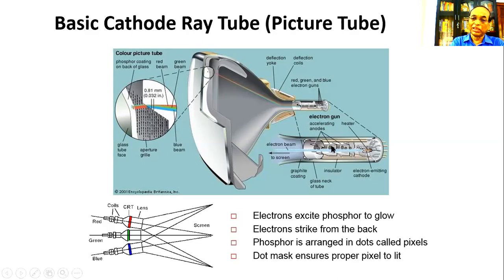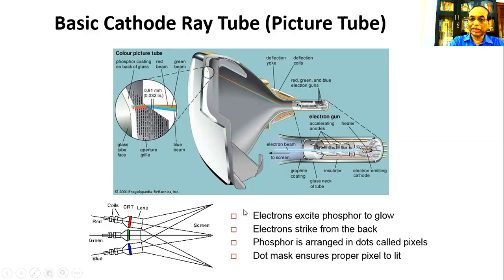So there is electrical focusing also. And on the left hand side is a part of the screen where the phosphor dots are embedded. The blue beam impinges on well-defined dots, then the green beam and the red beam like that.